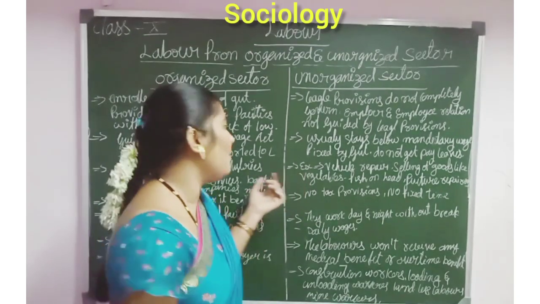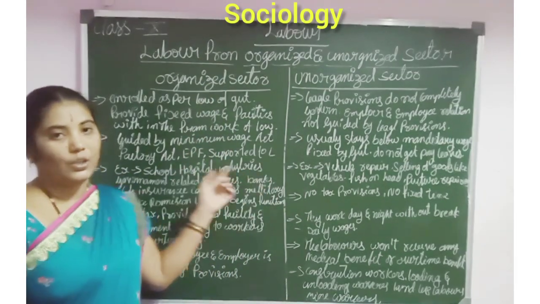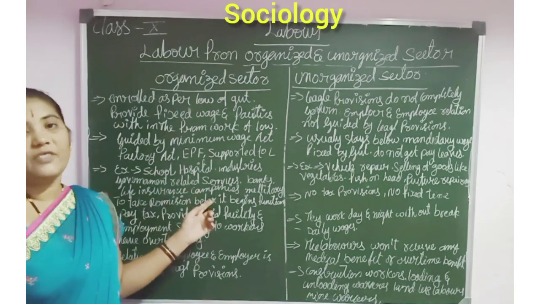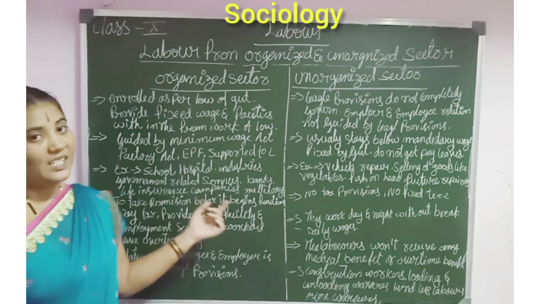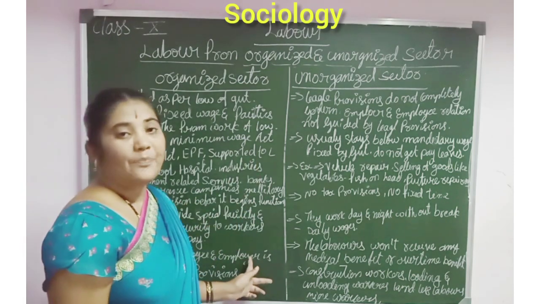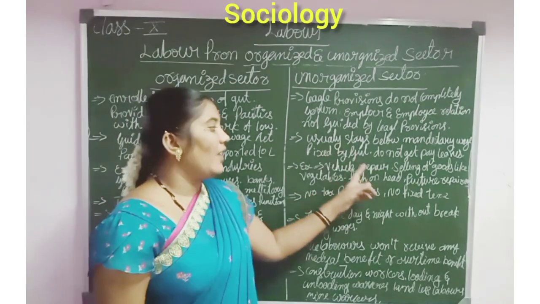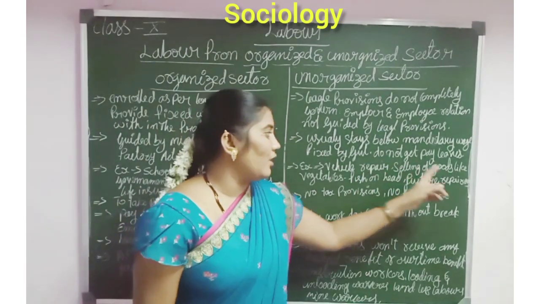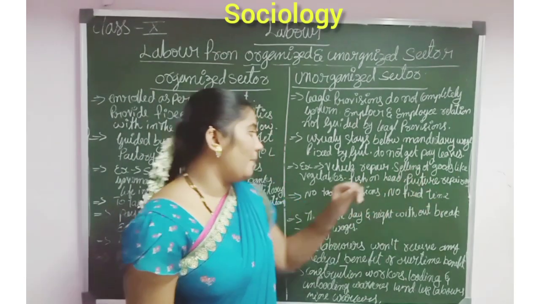Then, examples for organized workers are schools, hospitals, institutions and government services. Afterwards, commercial banks, life insurance and the military come under the organized sector. Examples of the unorganized sector are vehicle repair, sellers of goods like vegetables and fish carried on the head, and puncture repair.